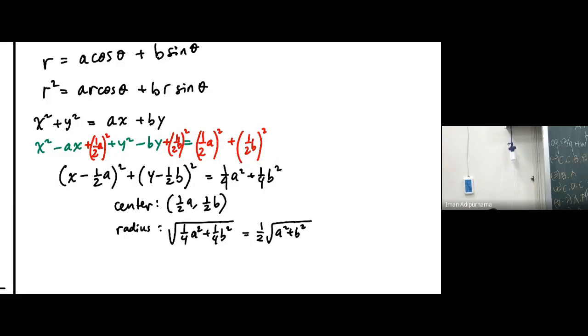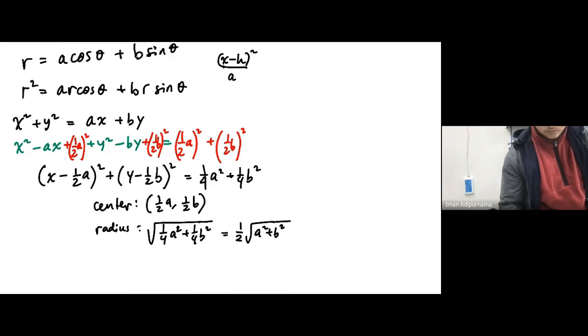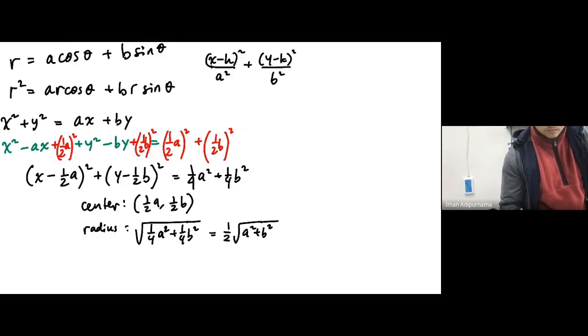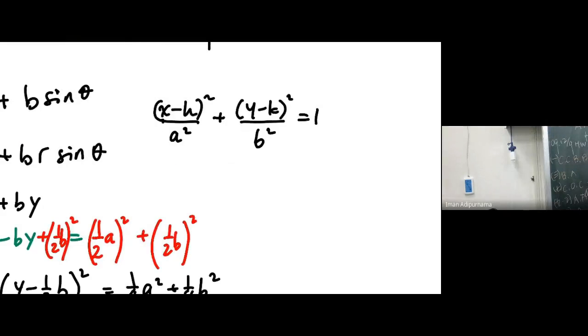So if you have this, it's an ellipse, but the center is h and k.